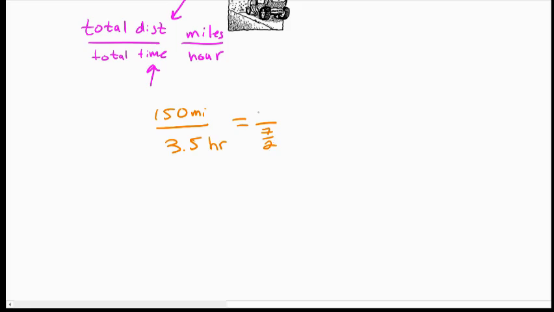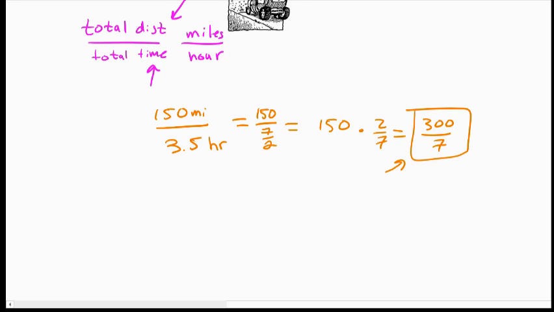Just for some practice, if I put this as a fraction, I'd be multiplying by the reciprocal, and then I'd get 300/7. If it were easier numbers, we could start simplifying, and that would be great and get my final answer. But really, it's just 300/7, which is not going to come out to a pretty number.